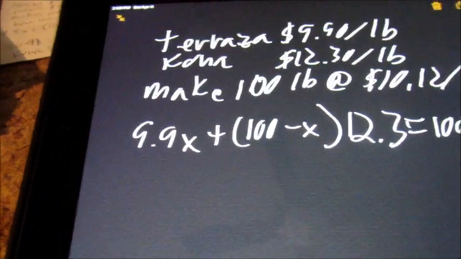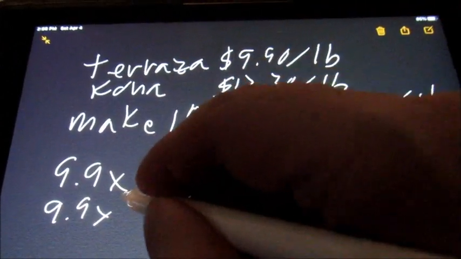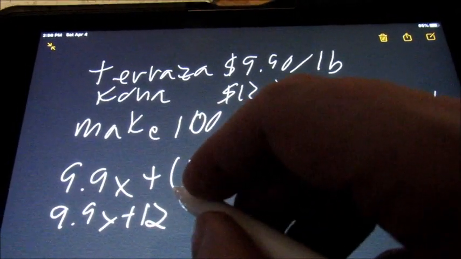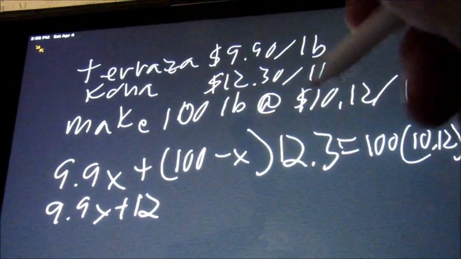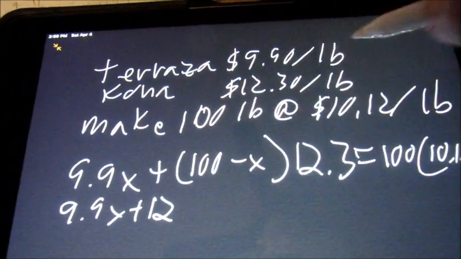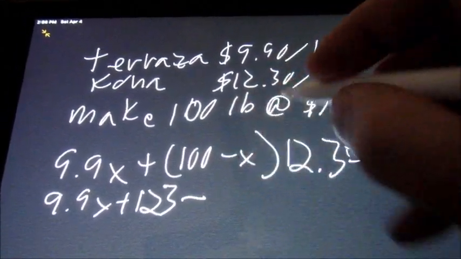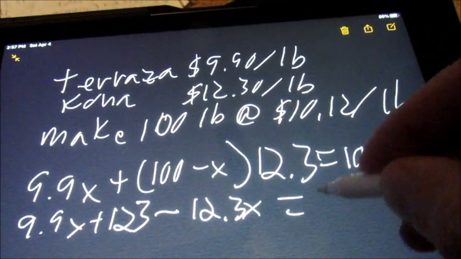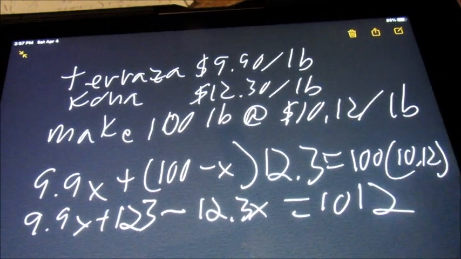So now when I work this out, we're going to have 9.9x plus 12.3 times 100, which is 1230, minus 12.3x equals 1012.